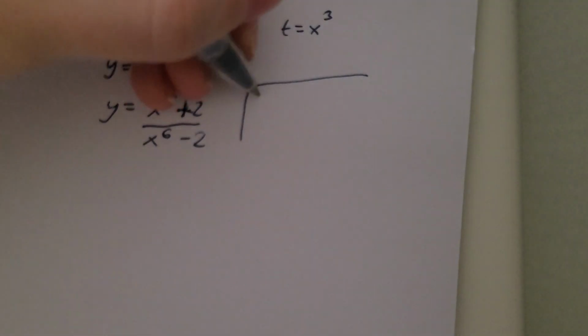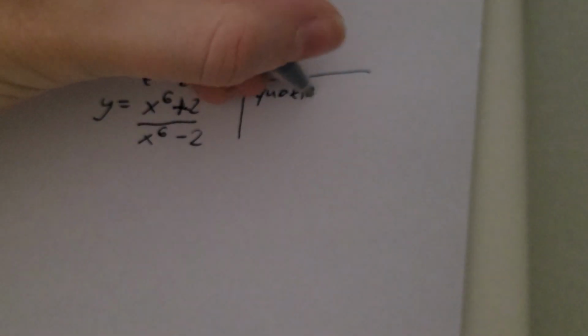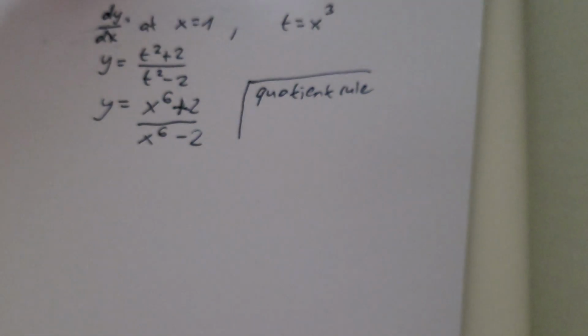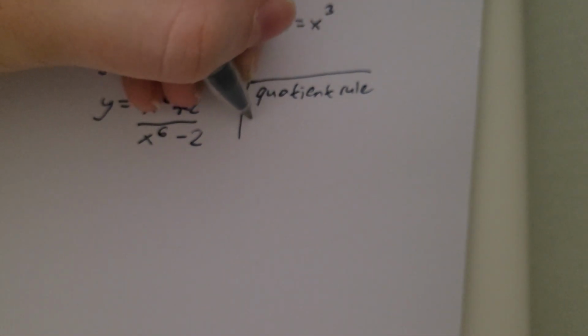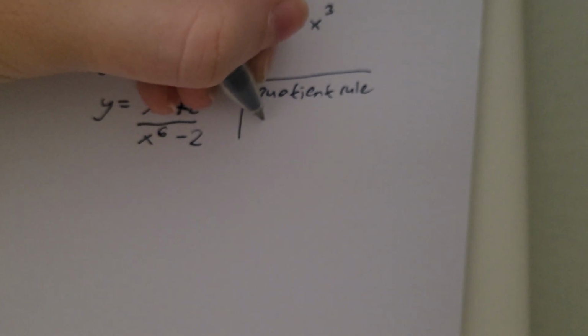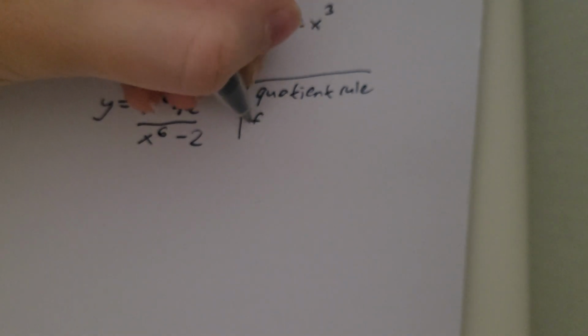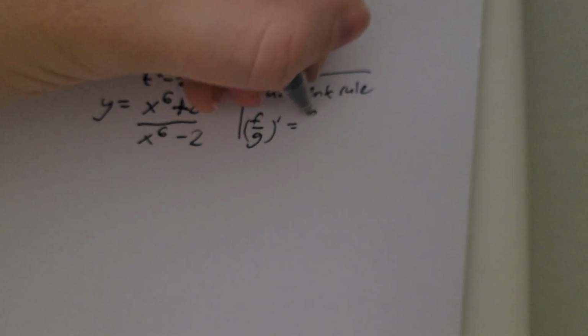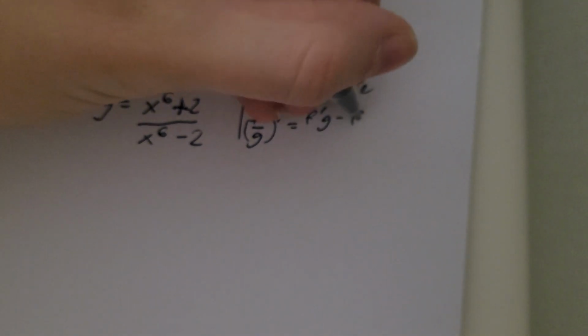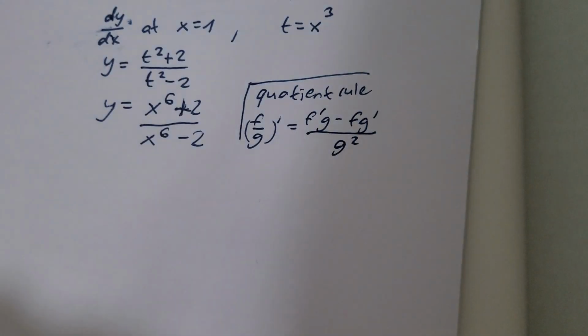The quotient rule is that the derivative of f over g is equal to f prime g minus f g prime over g squared. So I'm just going to do exactly that.